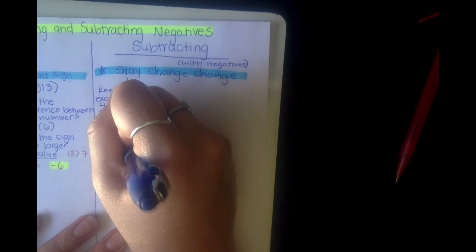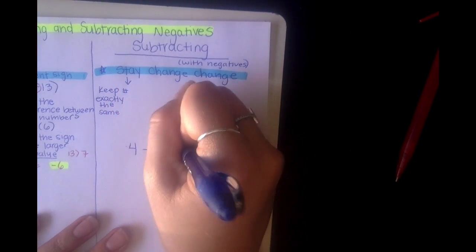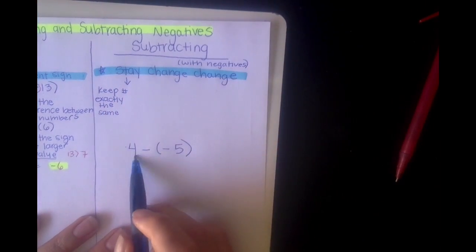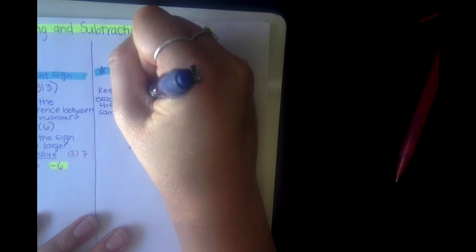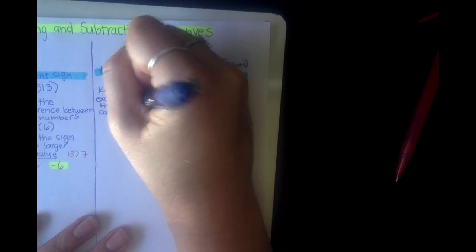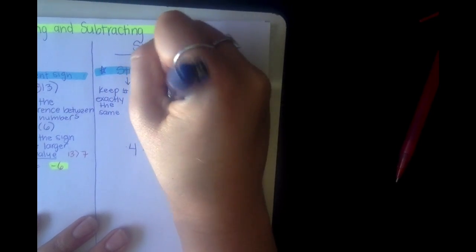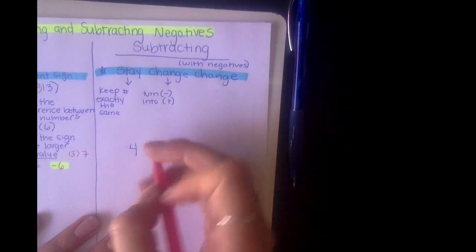So I'll kind of go along with an example right here. So let's say I have 4 minus a -5. I stay, change, change. So I stay. I keep the first number the same. Change means you're going to basically turn subtraction into addition. So stay, change.